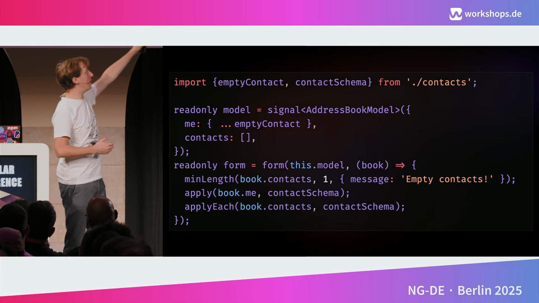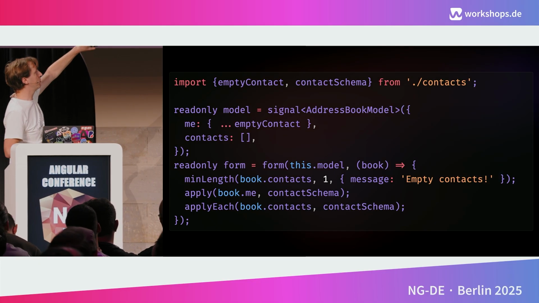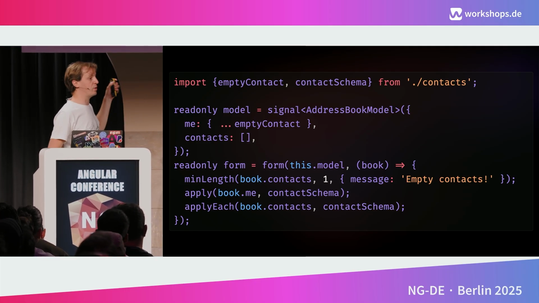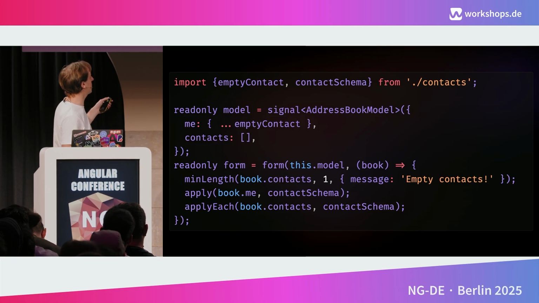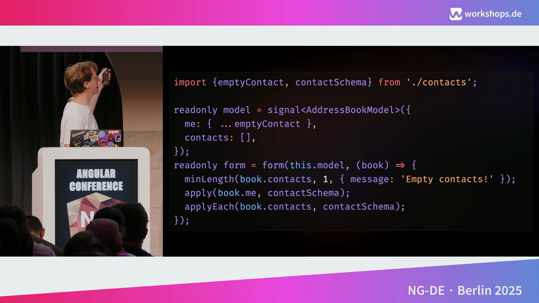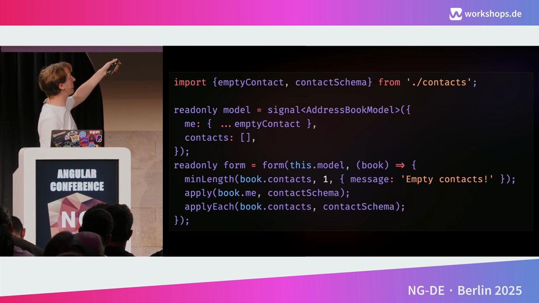And you can directly apply that rule into your form callback by using two different functions. The first one is apply, when you want to apply that schema to a single field, like book.me, which is only myself, a single object, and you just pass the schema that we just created.